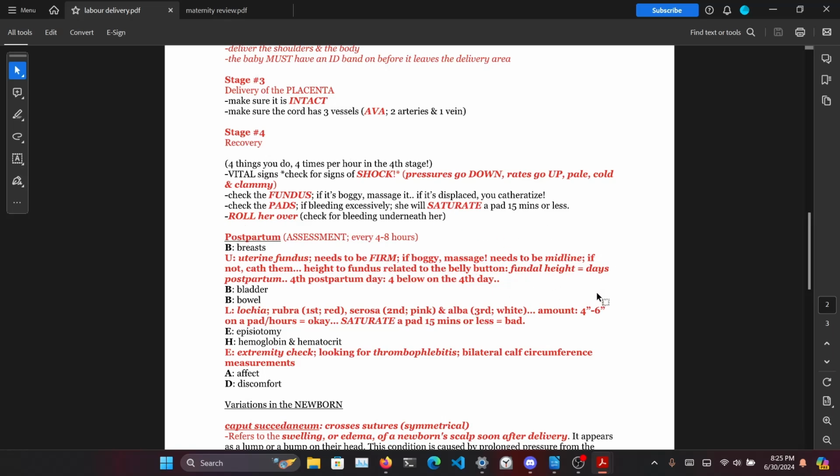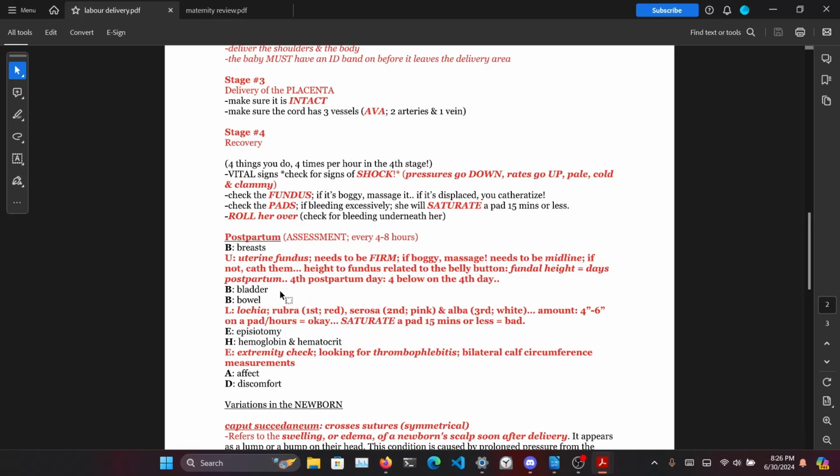If it's not, either left or right, you should put in a catheter. And then check the fundal height every day, the height of the fundus relative to the belly button. Fundal height is equal to the day of the postpartum, right? So the height up to the belly button should be decreasing every day. On the fourth day it should be about 4 centimeters below, right?